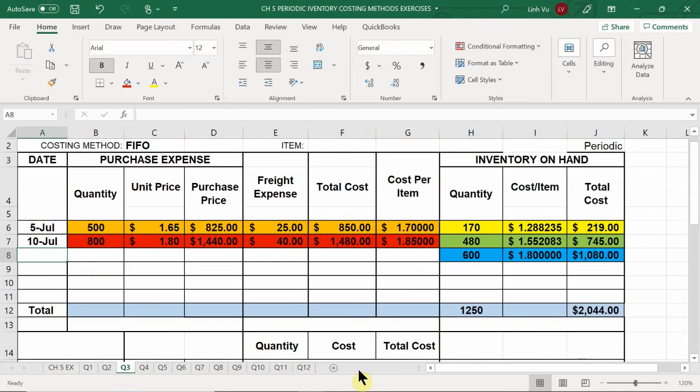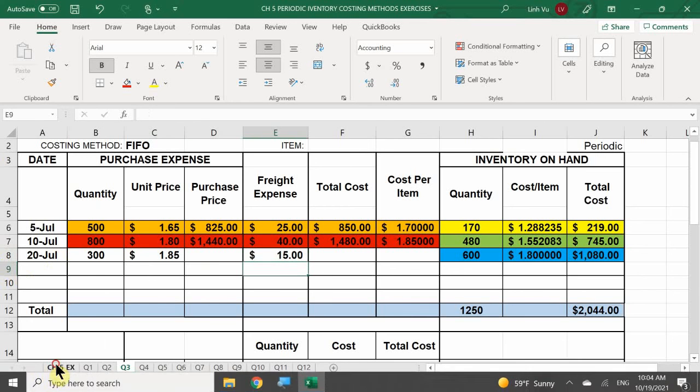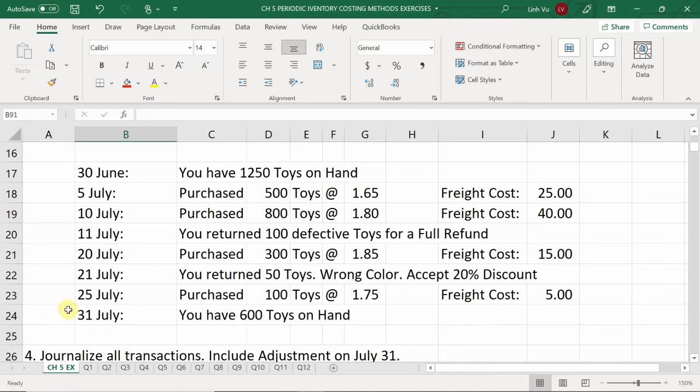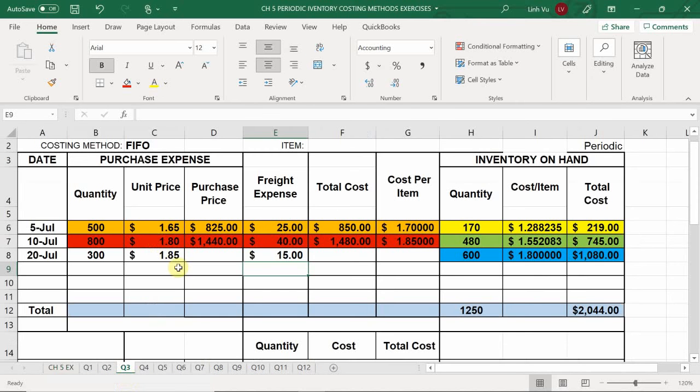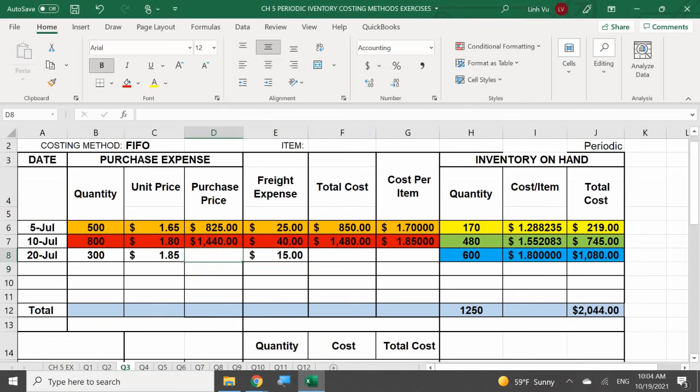We purchased 300 units at $1.85 each with a freight of 15. So what's my purchase price here?